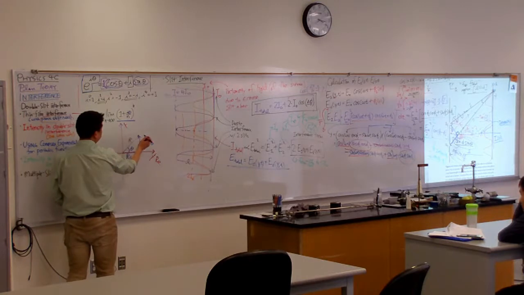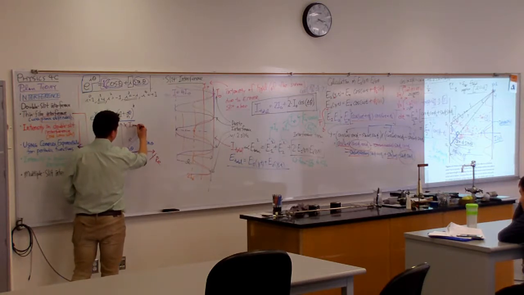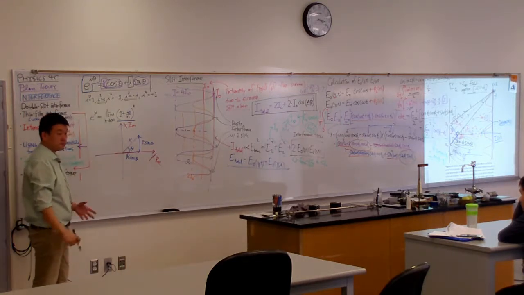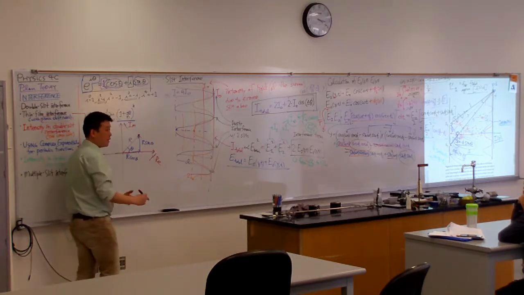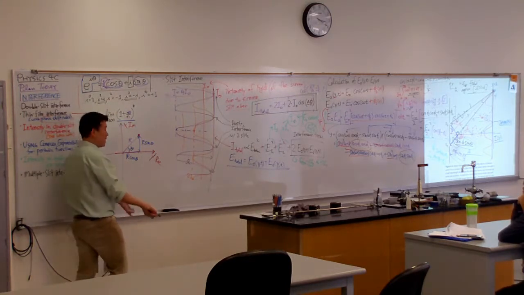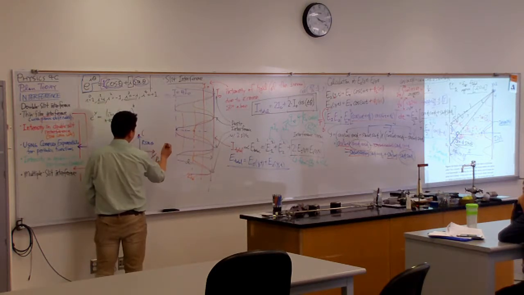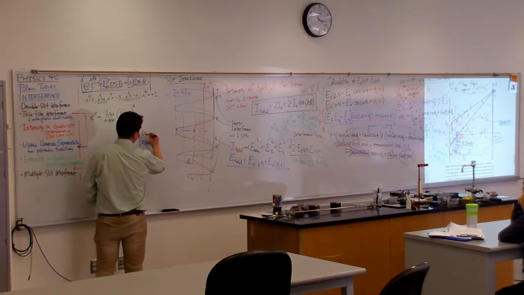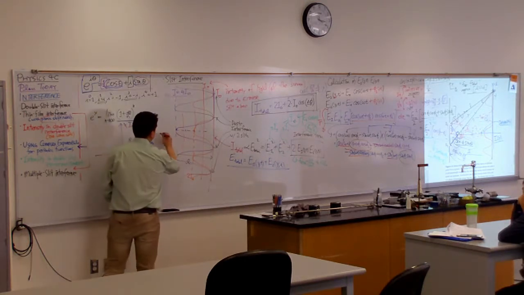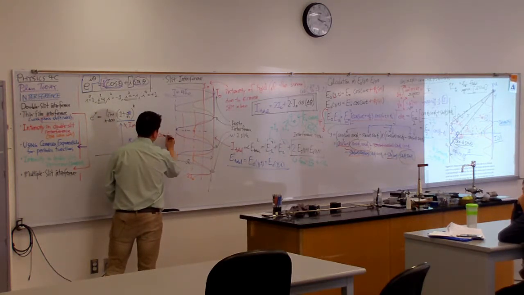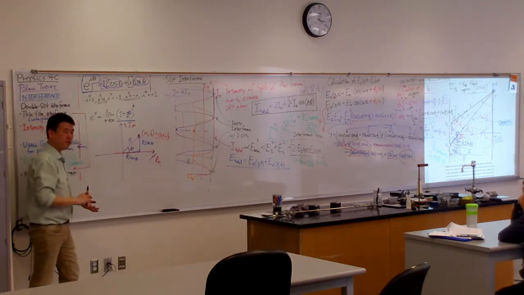Instead of this being the y-axis, this is my imaginary axis. You have actually seen this before. And if you have a point here, the way it would be introduced in your math classes, this point has coordinates A and B, or you would express that as A plus iB. Is this sounding familiar to anyone?